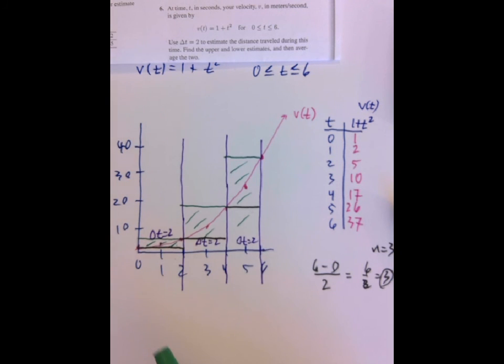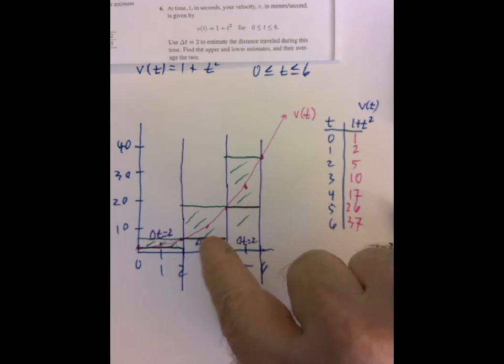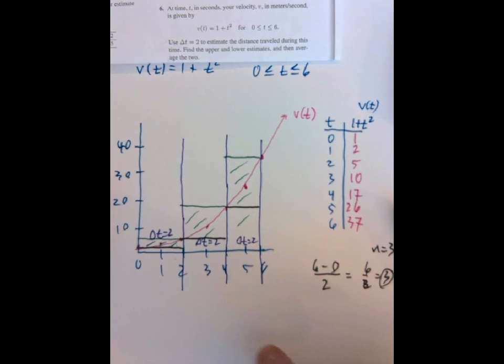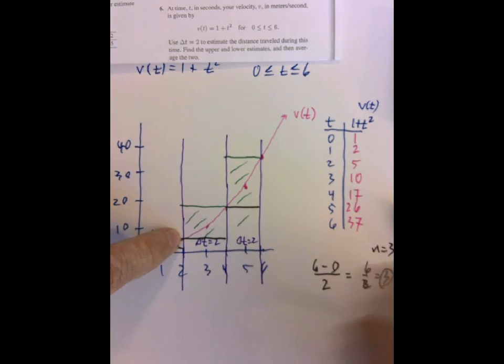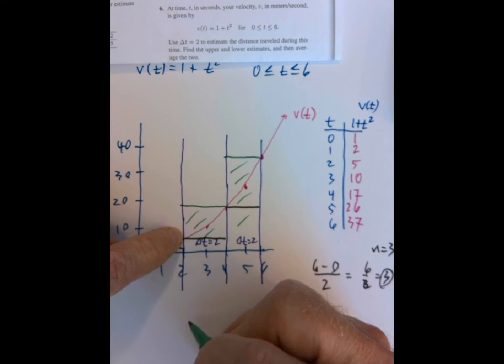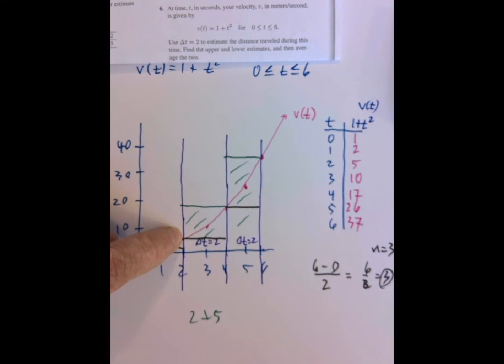Okay? So for instance, on this one, for the right-hand sums, delta t would be 2 wide, and the right-hand boundary of the first interval is at t is equal to 2, so that's 5. So 2 times 5.